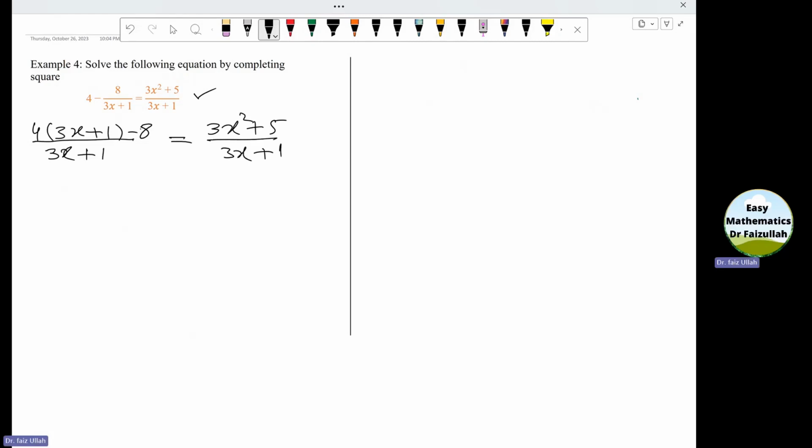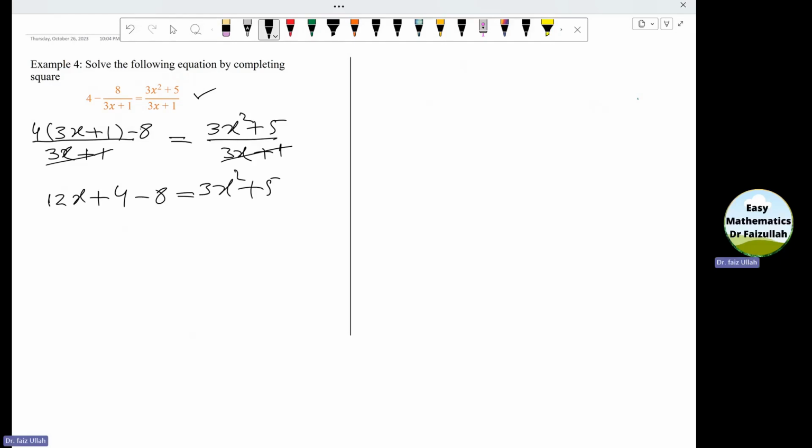Now multiplying both sides with 3x plus 1, so 3x plus 1 will cancel. And multiplying 4, we get 12x plus 4 minus 8 is equal to 3x square plus 5.